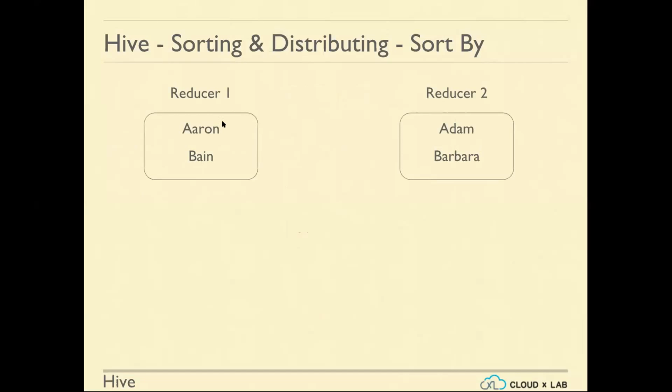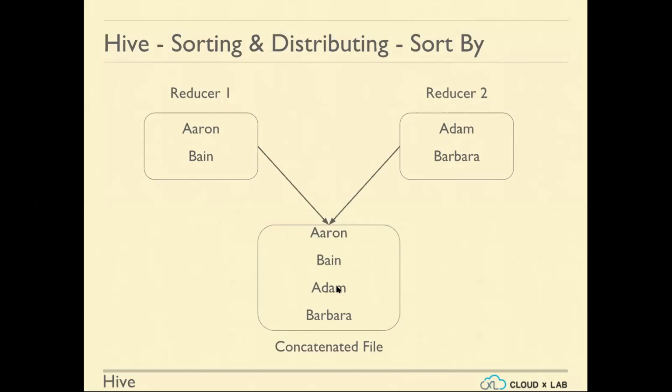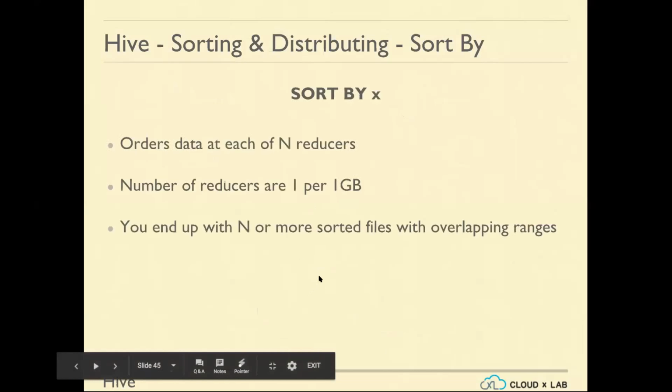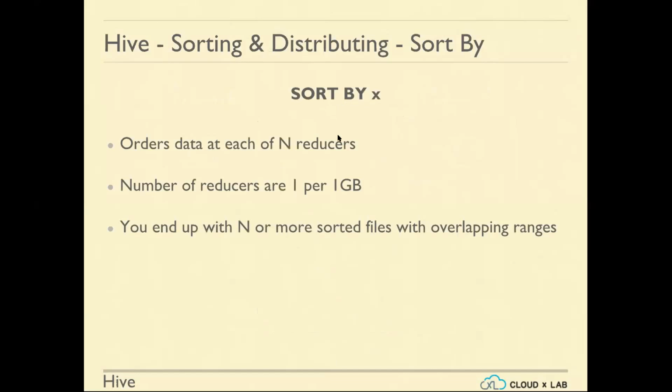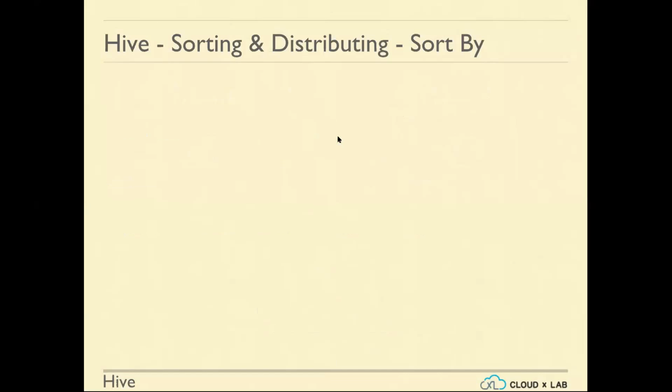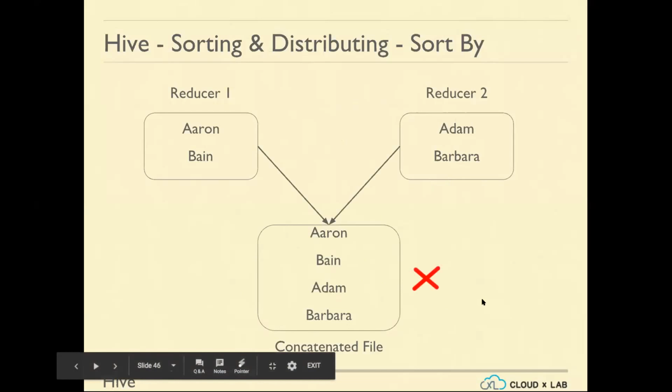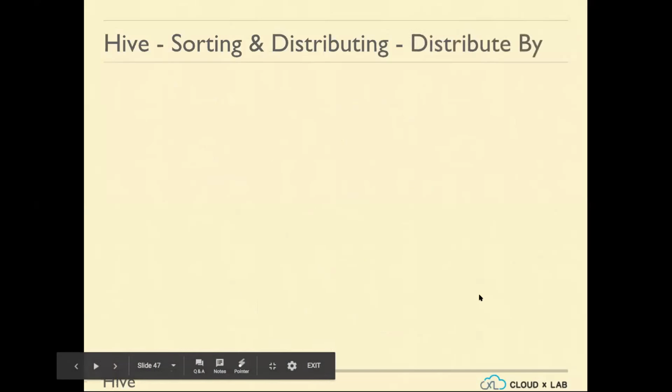Even though the output of each reducer is in order, when both get concatenated, you always get an unordered file. Therefore, sort by X, which was using n reducers, created this kind of format, and it was not acceptable.